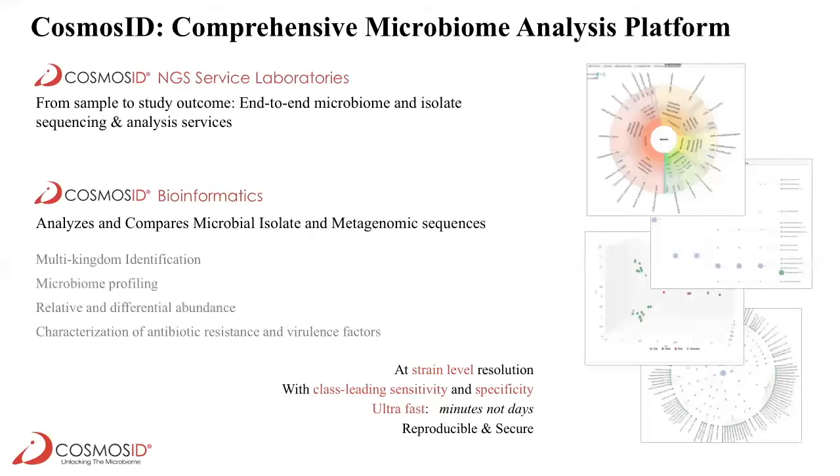We also focused our bioinformatics development to provide multi-kingdom microbiome analysis for accurate and actionable microbiome profiling, with very good and robust abundance prediction, as well as the ability to characterize the functional, antibiotic resistance and virulence potential of the microbiome. So far, our tools have proven to have class-leading sensitivity and specificity, and they analyze microbiome at ultra-fast speed. Most of the time, you can process your analysis within a few minutes.